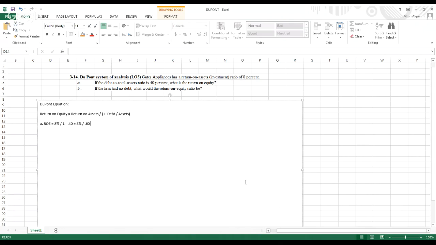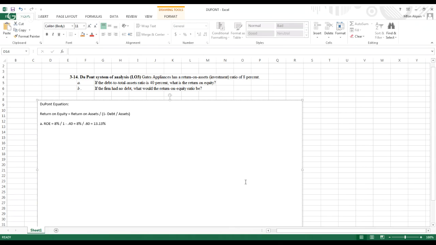Okay, so let's keep moving. Then we take that further and we calculate this out, and that is going to give us 13.13%. So we've calculated the return on equity for this, looking at the debt to total asset ratio being 40%.